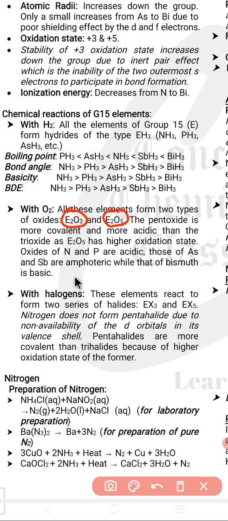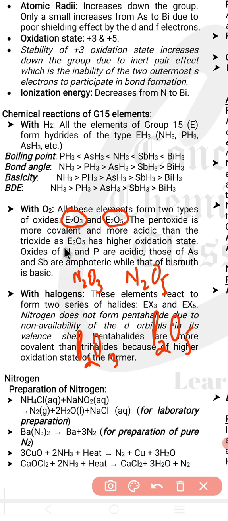For example, N2O3 and N2O5, P2O3 and P2O5. Okay, this is the pentoxide. The pentoxide is more covalent and more acidic than the trioxide E2O3.